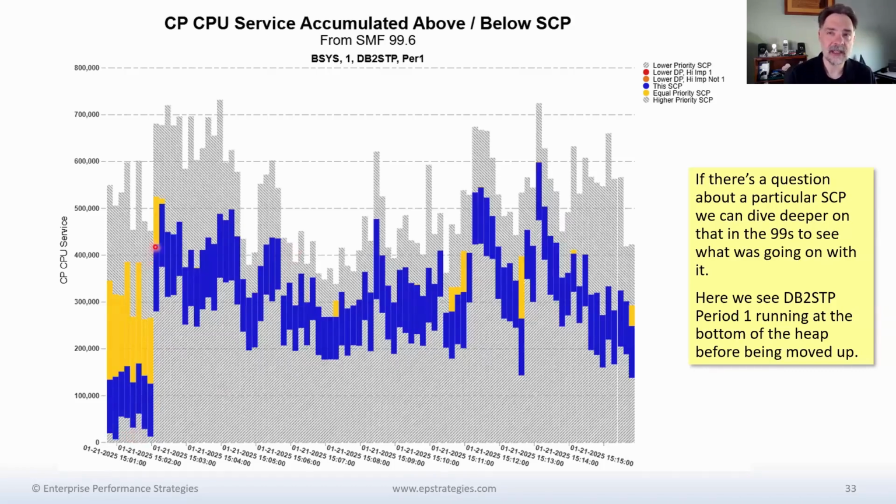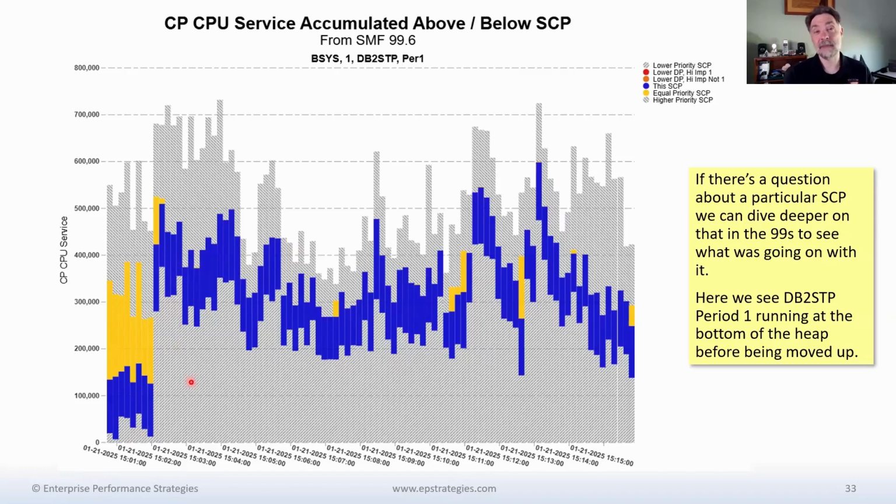And then all of a sudden, interestingly enough, right around the time that we got busier, because you see the total CPU service did go up in this 10-second interval here, concurrent with that, the relative dispatching priority of this work actually went up as well. Or perhaps the opposite occurred, right?